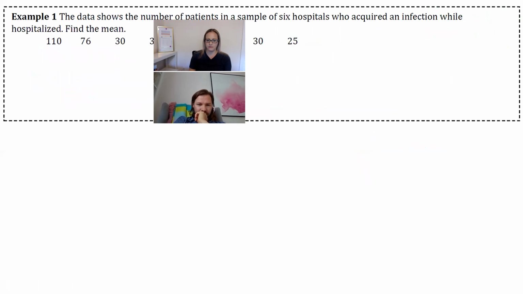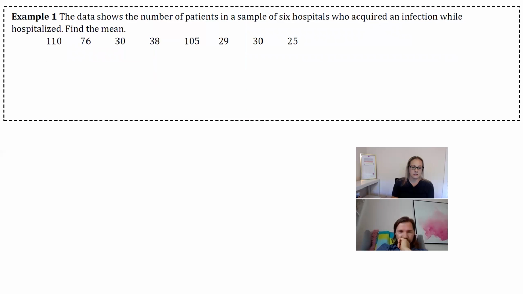Okay, so let's look at an example. Example 1 says that the data shows the number of patients in a sample of 6 hospitals, I think it actually should be 8 hospitals, who acquired an infection while hospitalized, and we want to find the mean. Okay, so long story short, all we have to do is add all those up and divide by how many there are.